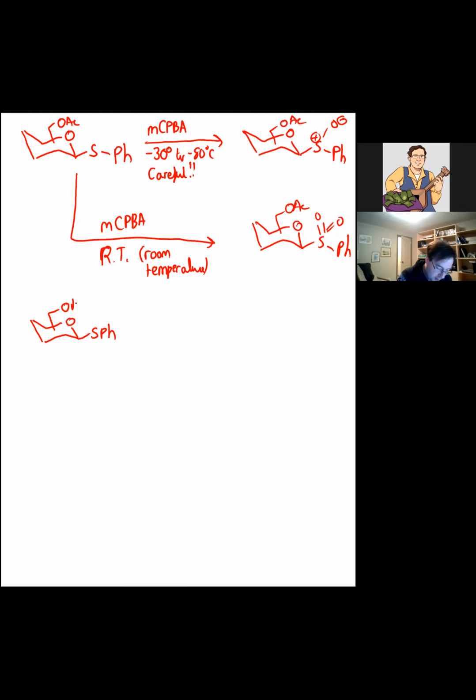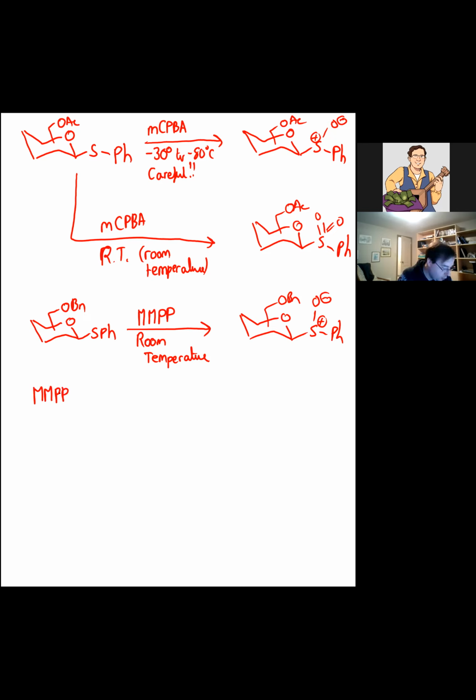And that's a reagent that I've never actually seen anyone else use for any other application. It's called MMPP. You do this at room temperature, which is very convenient, and you make the sulfoxide. Okay, so what is this?